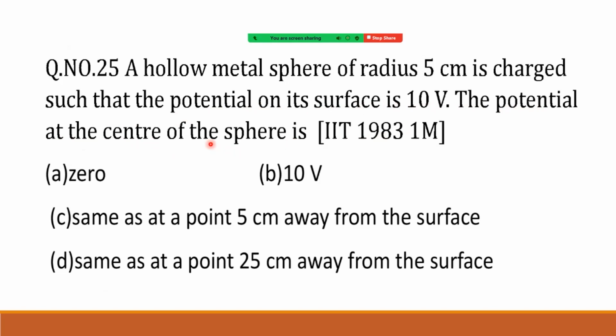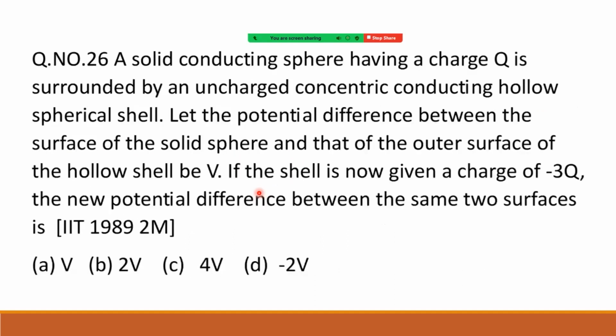We have learned in the last lecture that the potential inside at any point of a conductor is the same as that on the surface. Now on the surface the potential is 10 volt. That means at any point inside, not only at the center, the potential is 10 volt only. So the option is B.